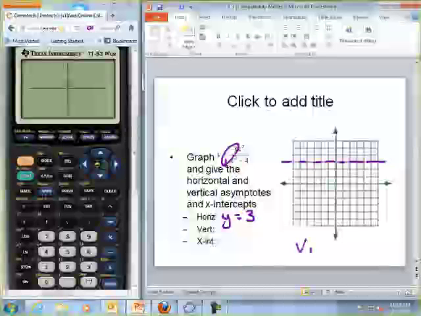Verticals are found by setting the denominator equal to 0. So we're going to add 4 to both sides and take a square root. And what do I get?